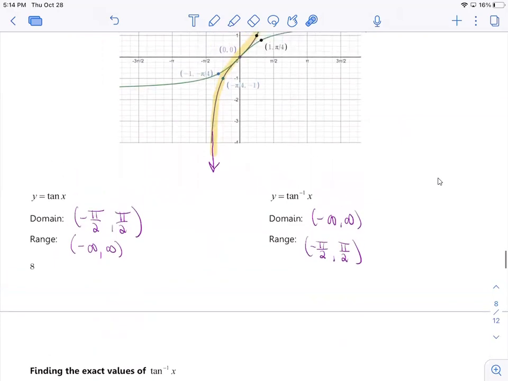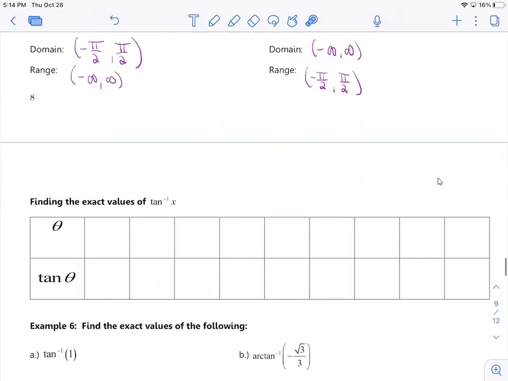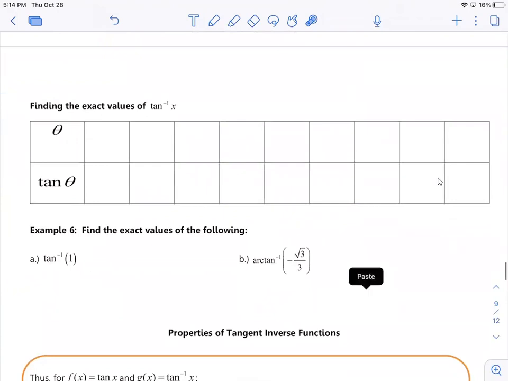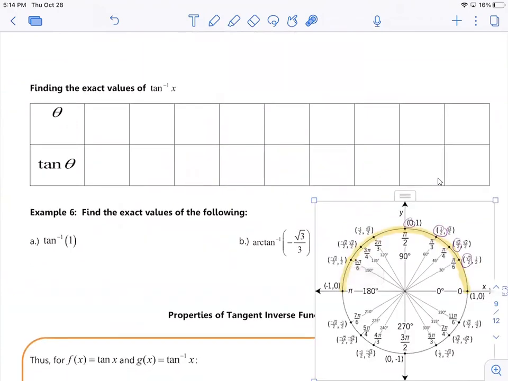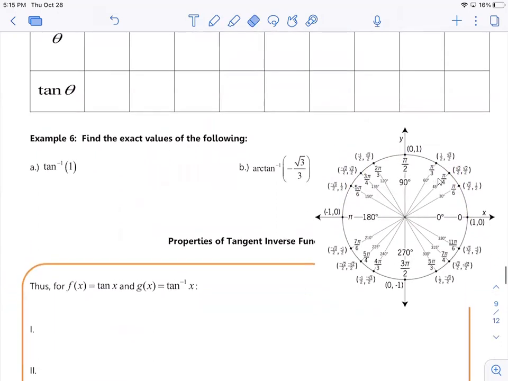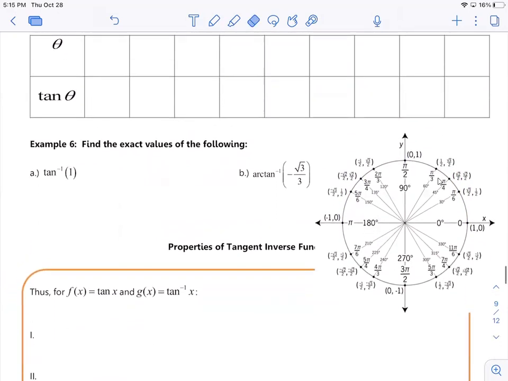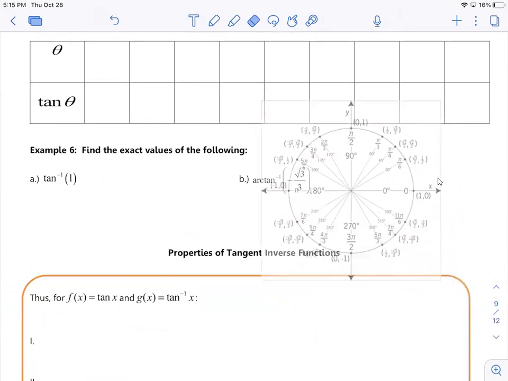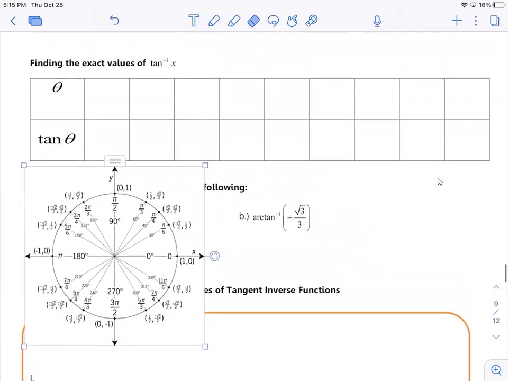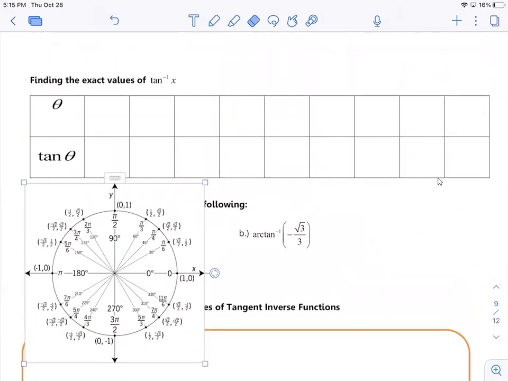So let's list those values so we have a chart to refer to. I'm going to bring up that good old unit circle and get rid of my markings. When I look at inverse tangent, with this nice visual a student came up with, we put circles there to let us know it can't be that.